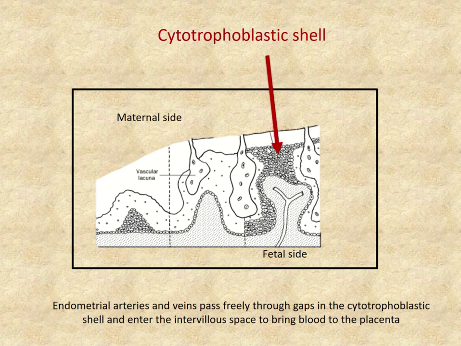So without the cytotrophoblastic shell, that outer barrier, there wouldn't be a space for the blood to fill. It's a bit of a concept, because even looking at histologic slides, the cytotrophoblastic shell is broken off, so looking at the drawings might help, but it is essentially the closest part to the uterus of the fetal part of the placenta.